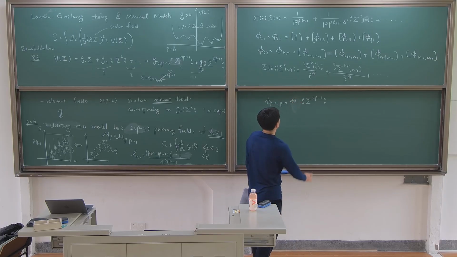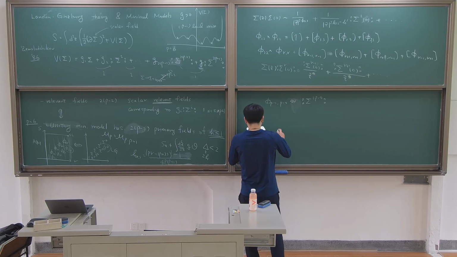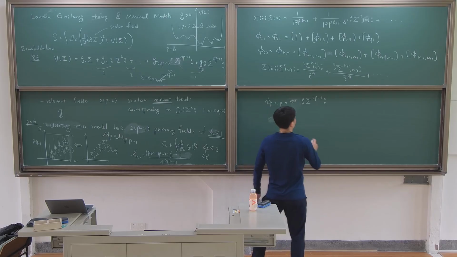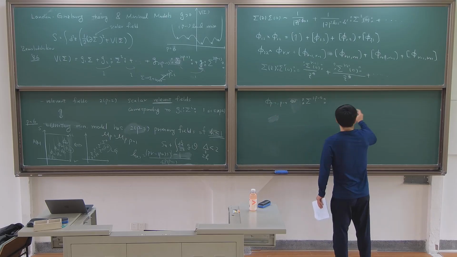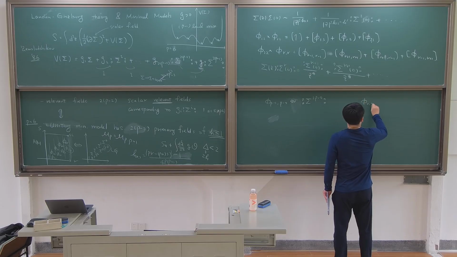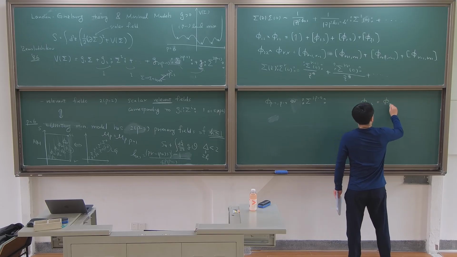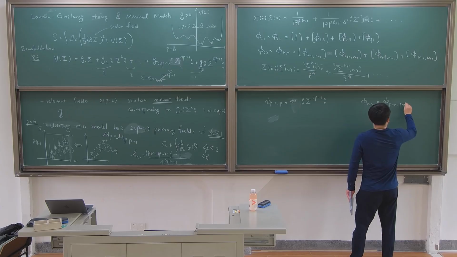Okay. And then recall that in minimal model, if you consider phi r,s, this is phi p minus r, p plus 1 minus s.